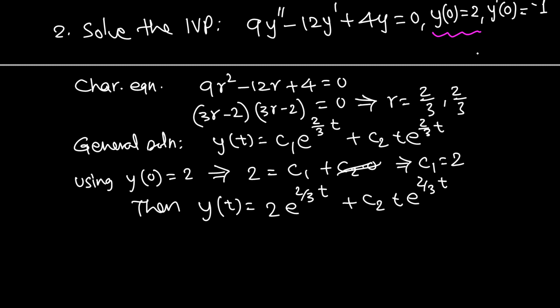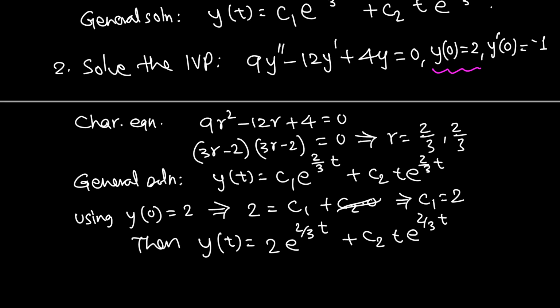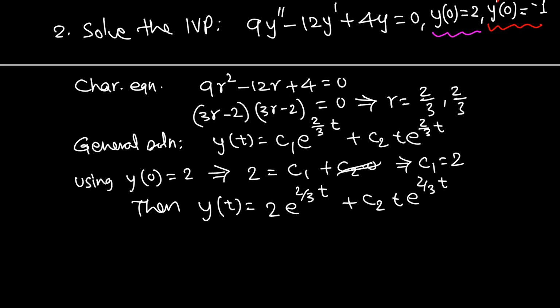Now using the second initial condition, we need to determine the value of c2. But the second initial condition requires us to find the derivative, since it is y prime. That means we need to find the derivative first, then we can apply the second initial condition.